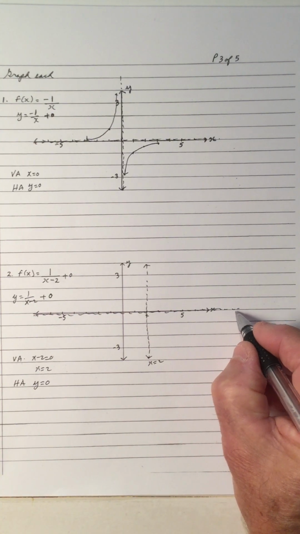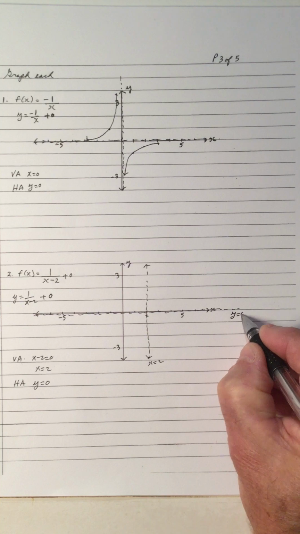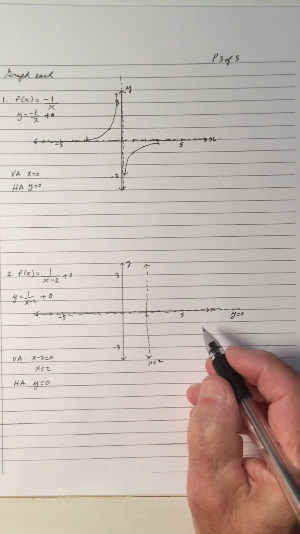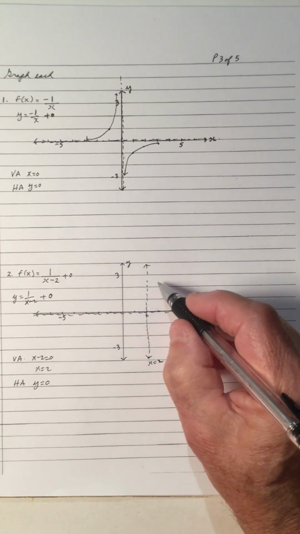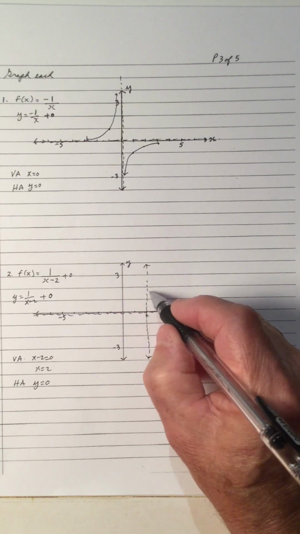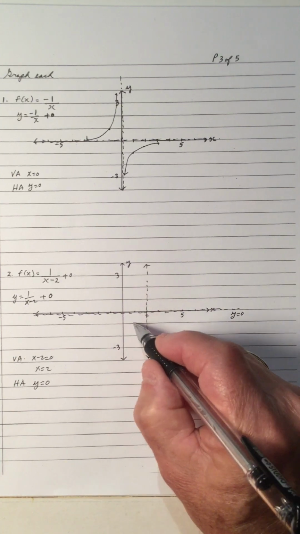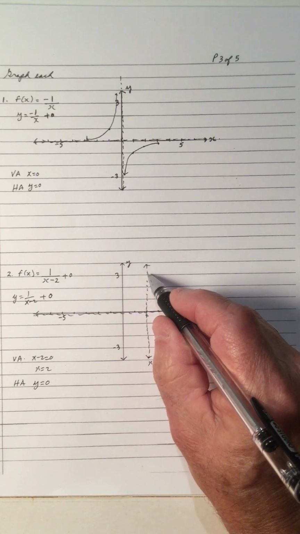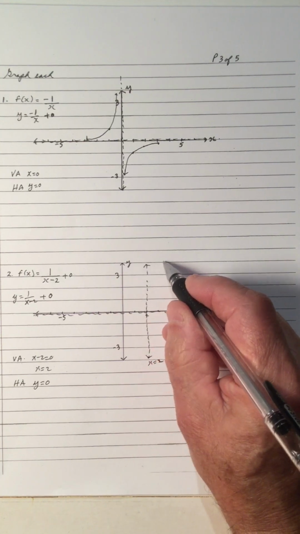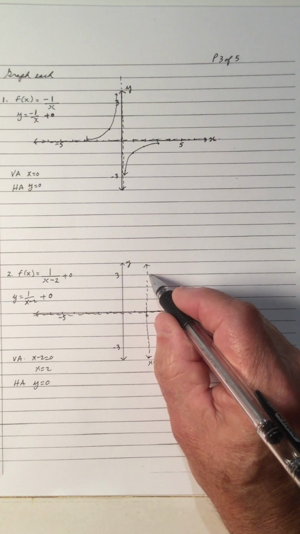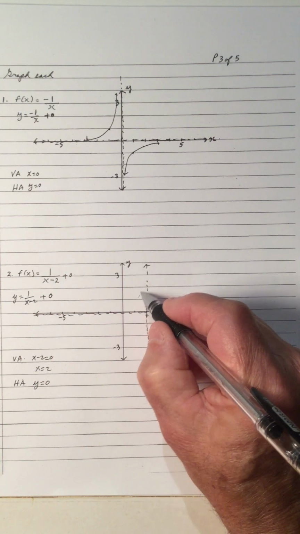And so that's y equals 0, x equals 2. So that means the graph is approaching this asymptote. It's either going up this way or up this way, or it's going down here or down here. But it has to approach this asymptote.